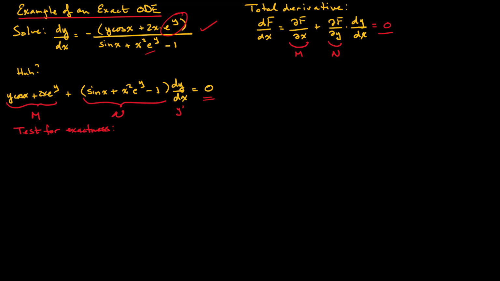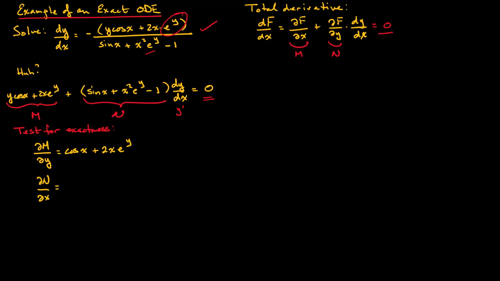So recall, the test for exactness is we take the partial of M with respect to y, which will be equal to the cosine of x plus 2x e to the power of y. And we take the partial of N with respect to x.